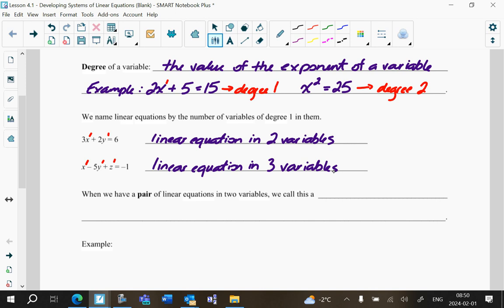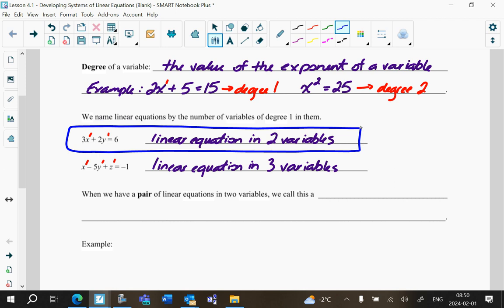We're going to focus on these linear equations in 2 variables. And when we have a pair of them, we call this a system of equations in 2 variables.